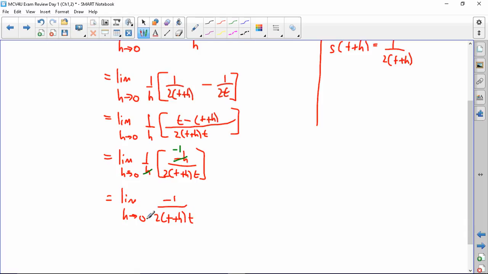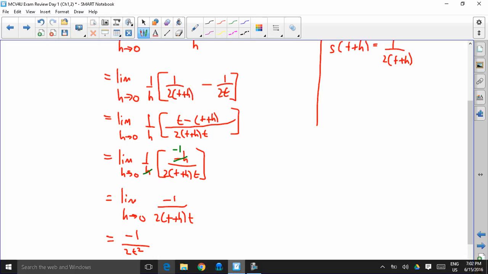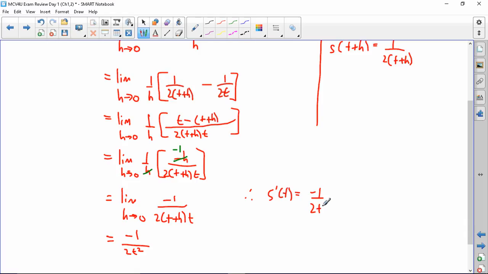Notice that right now, it's okay for h to be 0, and this is going to give me an expression that's okay. So I'm going to let the limit go to 0, and then I'm left with 2t squared. So therefore, s prime at t is equal to negative 1 over 2t squared.